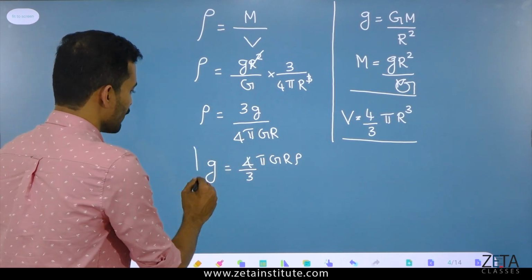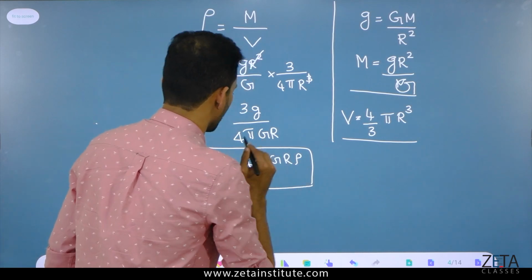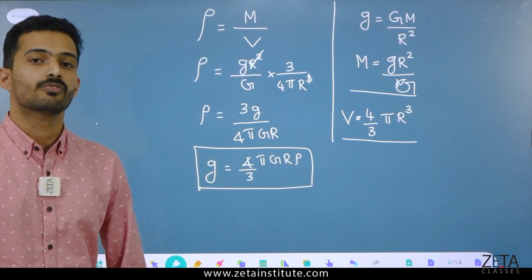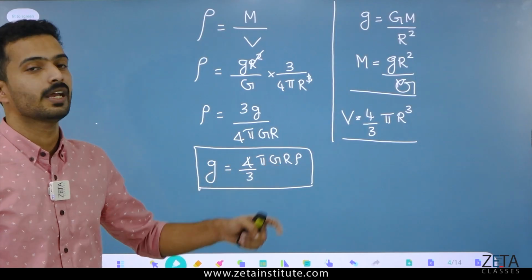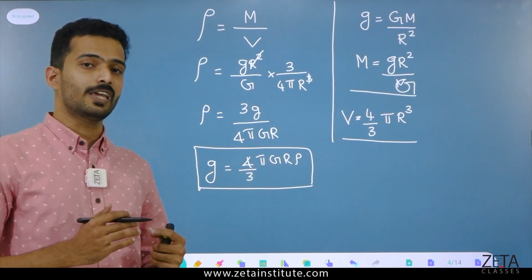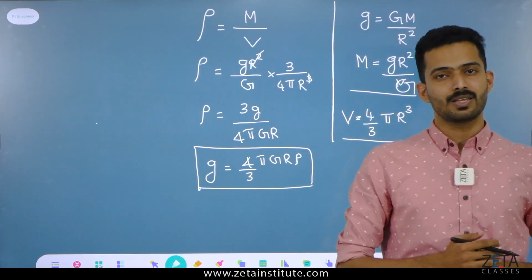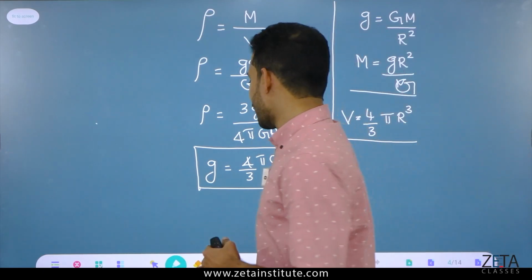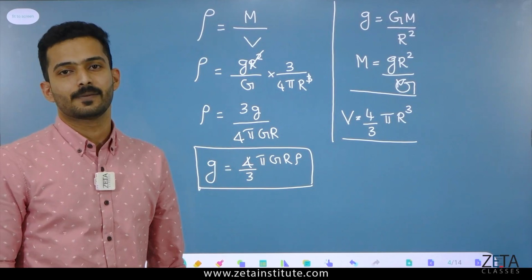The value of acceleration due to gravity in terms of density is given by g is equal to 4 by 3 pi G r rho. So we have obtained an equation to calculate acceleration due to gravity in terms of mass, and also we have obtained an equation to calculate acceleration due to gravity in terms of density.